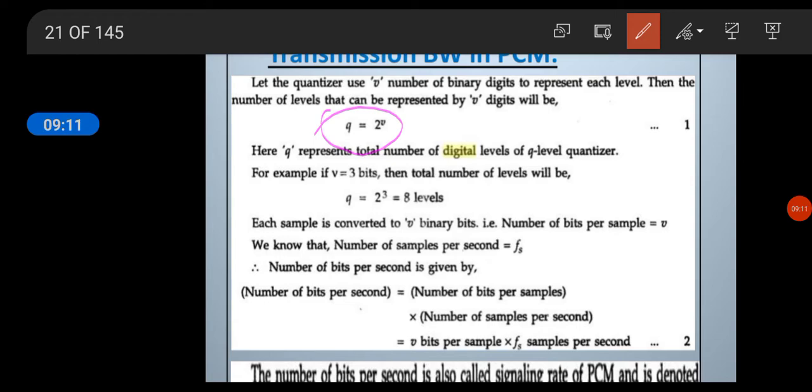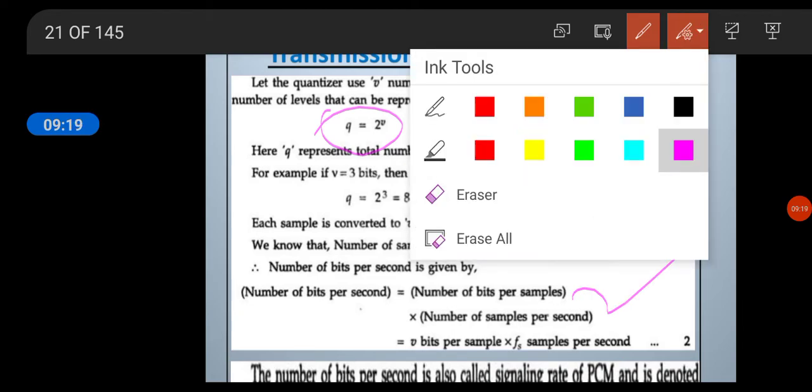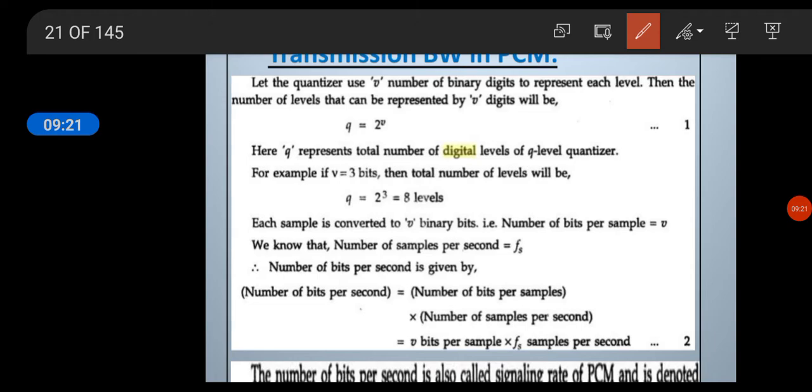So Q level depends upon the number of bits V we are assigning, represented as 2 power V. Suppose Q represents the total number of digital levels of the Q level quantizer. If we assign 3 bits, 8 levels will be there. If we assign 2 bits, 4 levels will be there.